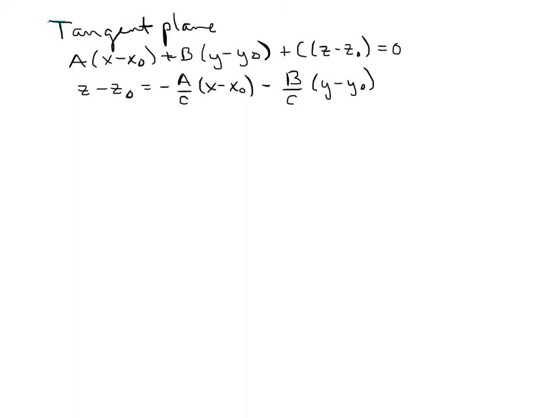So then let me just rewrite this. Because negative a divided by c is just some number, I'm going to call that little a. And the same with negative b over c, it's just some number. I'm going to call that little b.